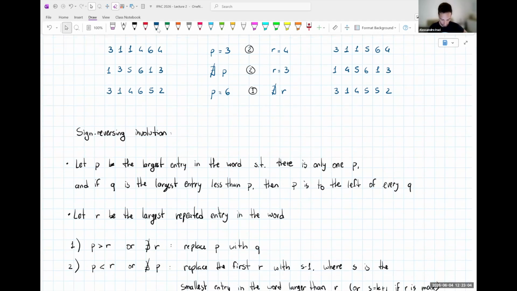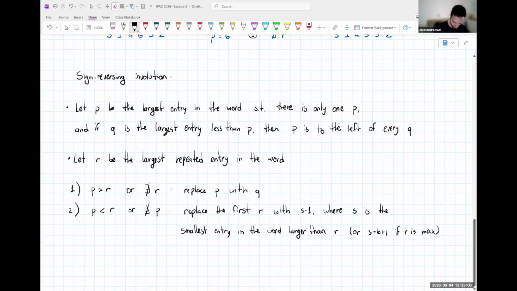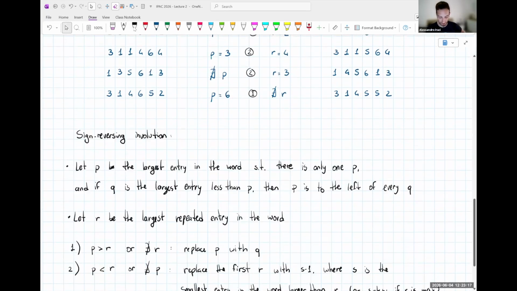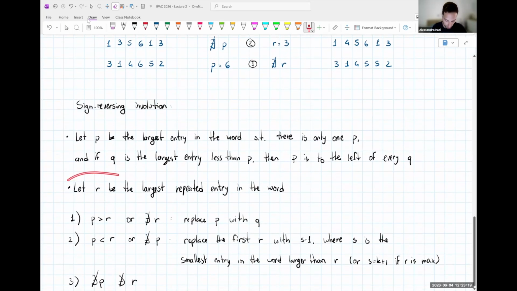Okay. The third case is very simple, as there are no P and no R. But then what's happening? We're saying there is no repeated label, and for each label, the thing that's immediately smaller is to its left.